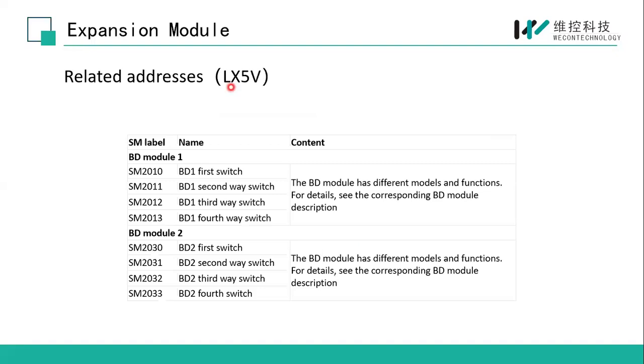Actually, if an LX3V module is used in LX5V, the BD module just has different relative addresses. So it's the same. It just has a different address to read the value and the bit flag.